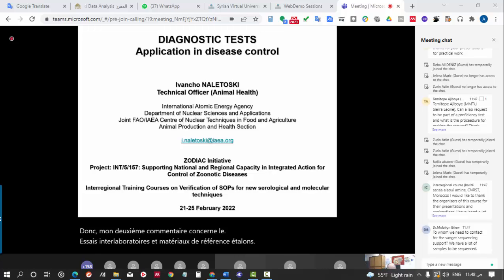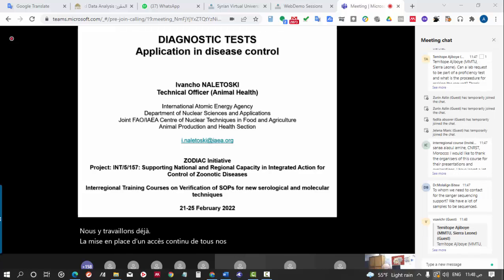We are already working on the establishment of continuous access of all our counterpart laboratories to proficiency tests and standard reference materials.